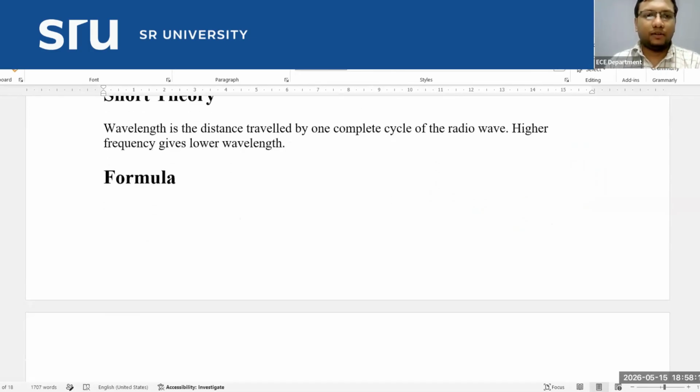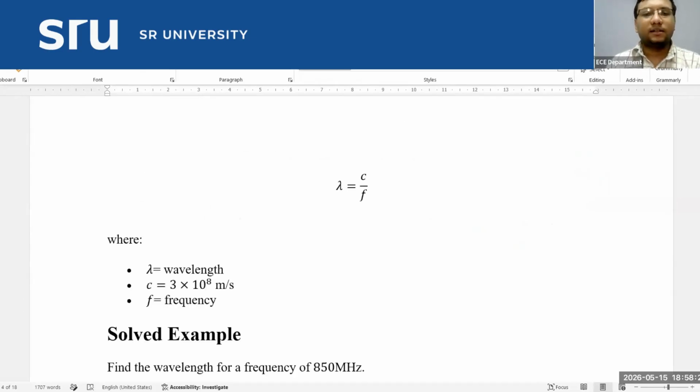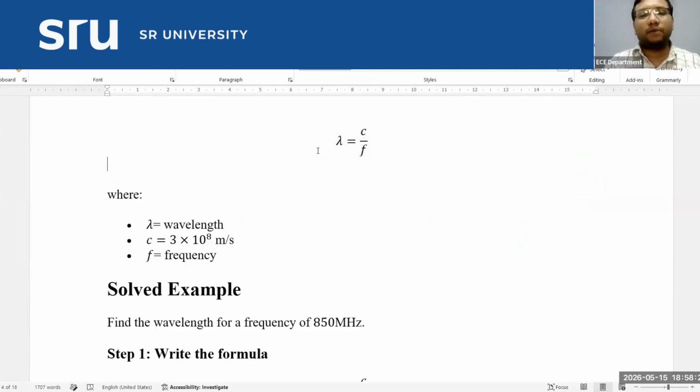Now, several times we may need to convert the frequency to wavelength or vice versa, because sometimes lambda might not be given, frequency might be given, and from that you need to calculate lambda. So in some problems it might come like that as well.